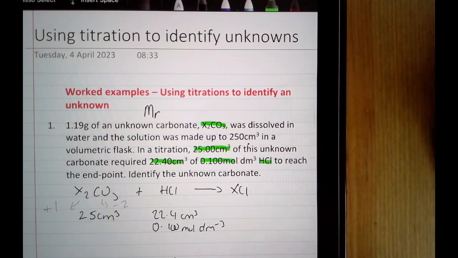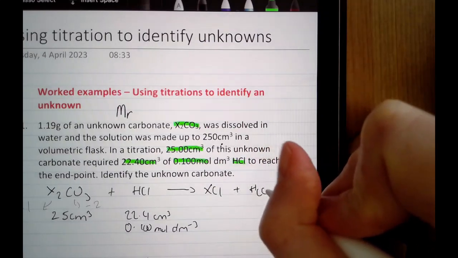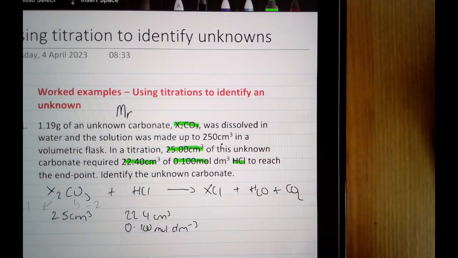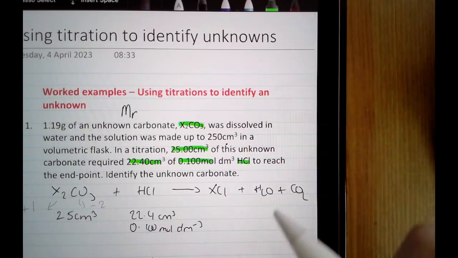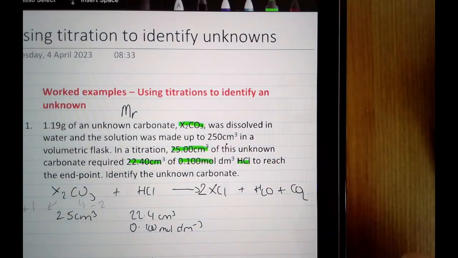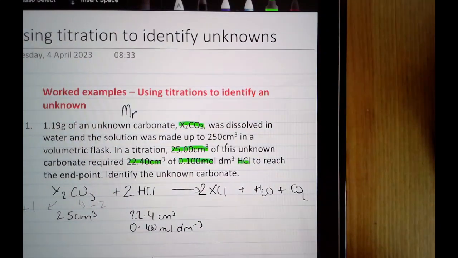Because this is an acid-base neutralization reaction, as well as forming that salt, I'm going to form water, and I'm going to form CO2 because it's a carbonate base. And then I'm going to need to go back and balance. I've got 2X on the left, so I need 2 on the right. 2 chlorines now on the right, so I need 2 on the left, and other than that, it is going to be balanced.